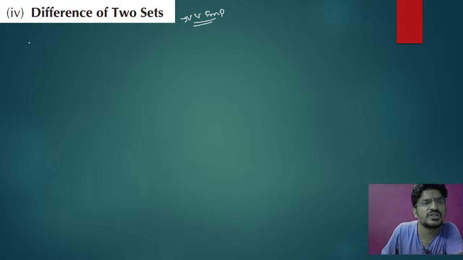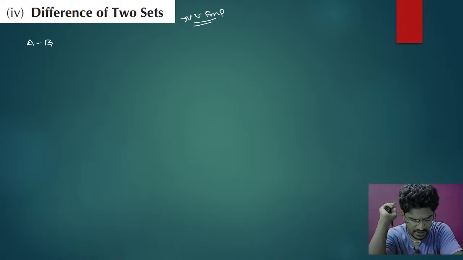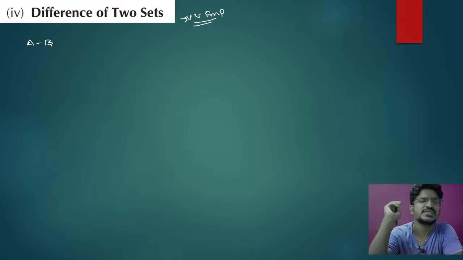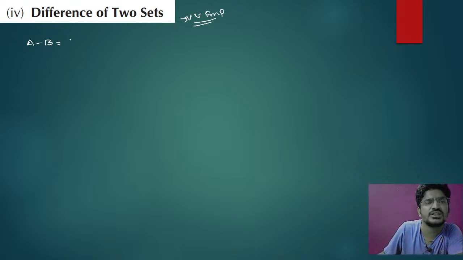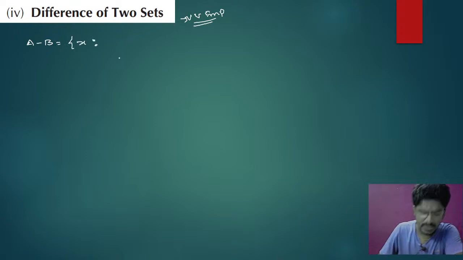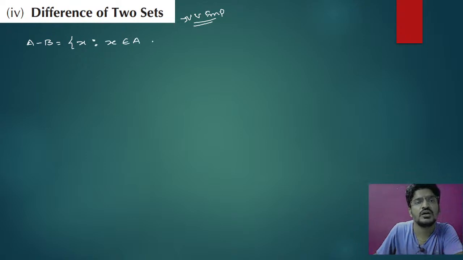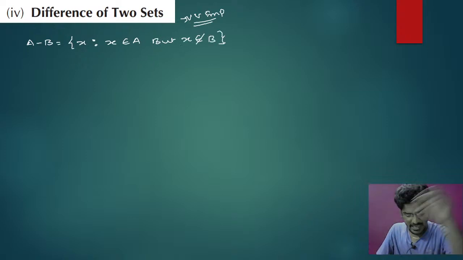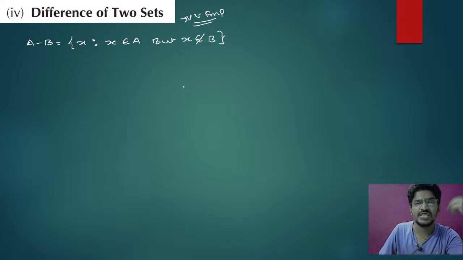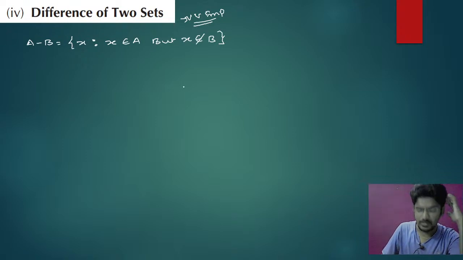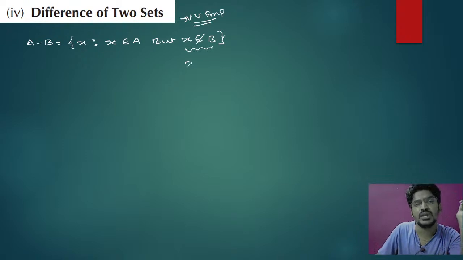You see here, difference of two sets is always written as A minus B. The meaning of this is the collection of x such that x belongs to A but x does not belong to B. That means x not belonging to B means x belongs to B complement.